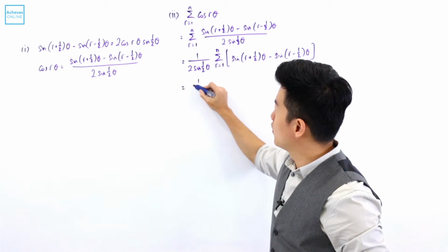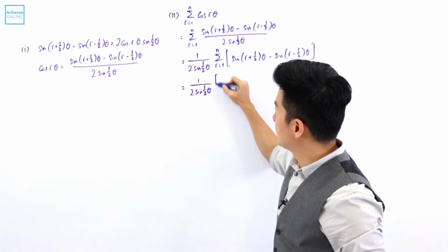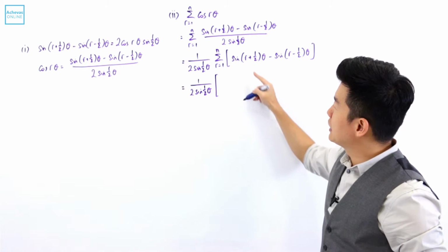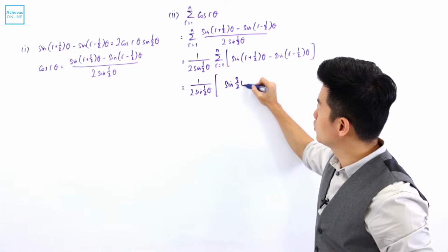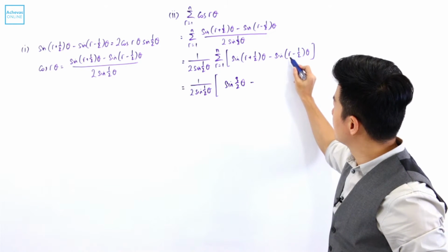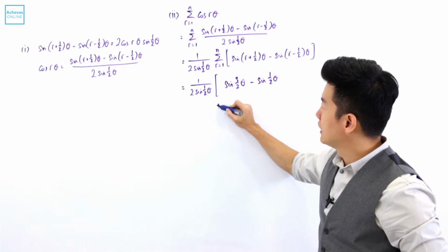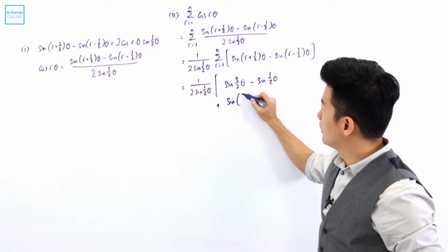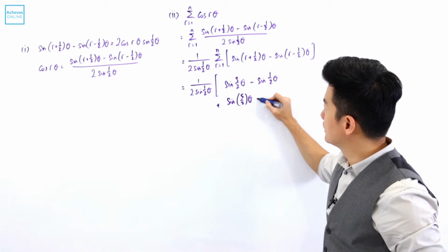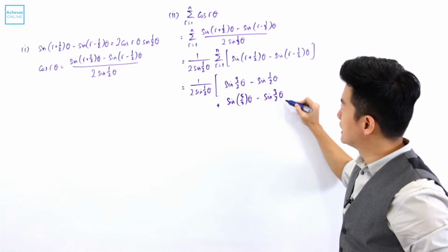This is equal to 1 over 2 sine 1 over 2 theta. Applying the method of difference, substituting r as 1, this is going to be sine of 3 over 2 theta minus, when r is equal to 1, sine of half theta. Then plus, when r is equal to 2, sine of 5 over 2 theta minus sine of 3 over 2 theta.